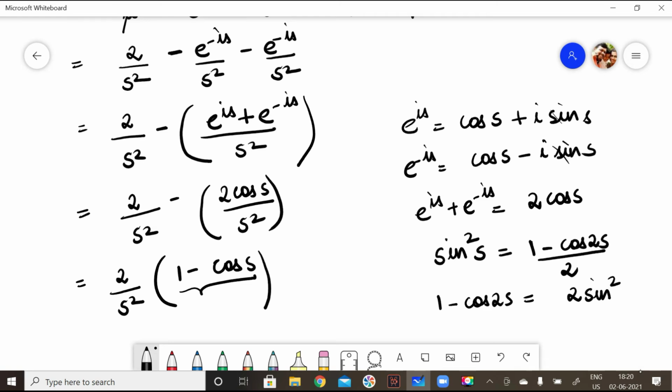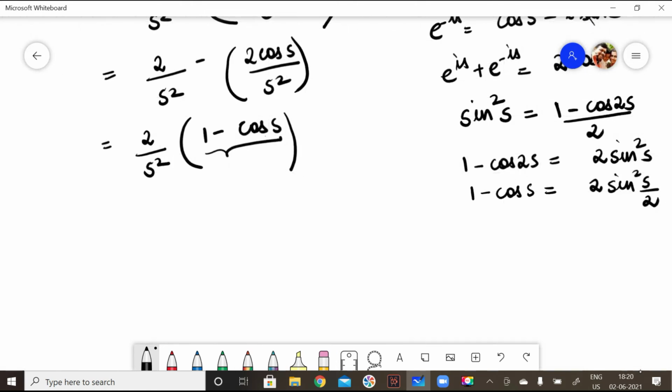Now compare again. I have cos 2s whereas in the problem I have cos s. So 1 minus cos s is equal to 2 sine square s by 2. Okay, so how will I rewrite this? This is rewritten as 2 by s square into 2 sine square s by 2.